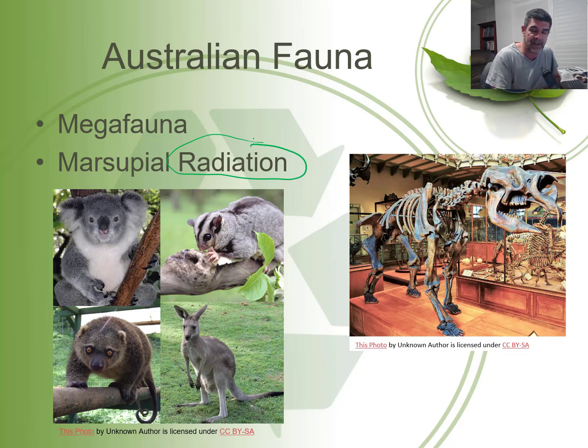There's also an example, a diprotodon, in this little photo here, and it is one of the megafauna, one of those big beasts that we find fossil evidence of, that was around when the continent was able to support much larger animals with food that was much richer and much greater in terms of its energy capacity.